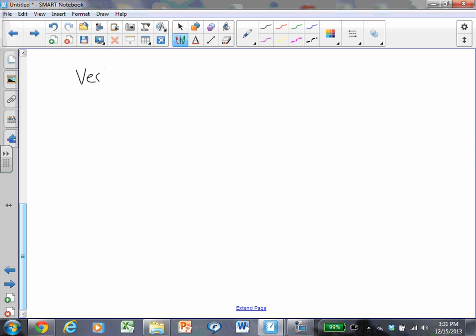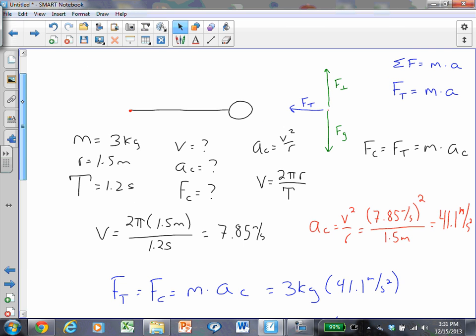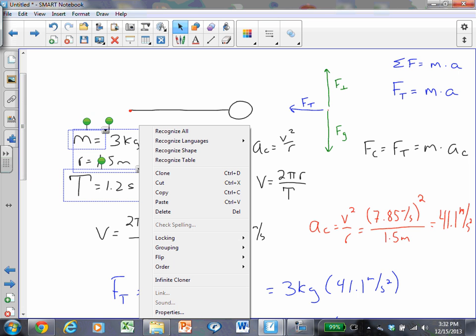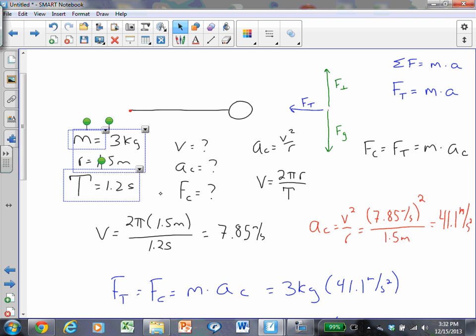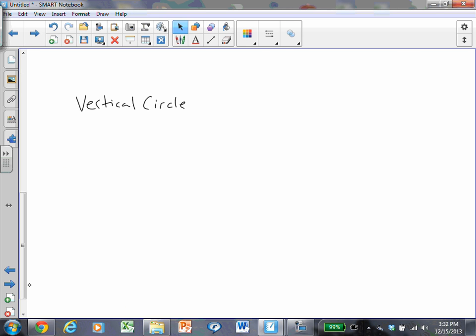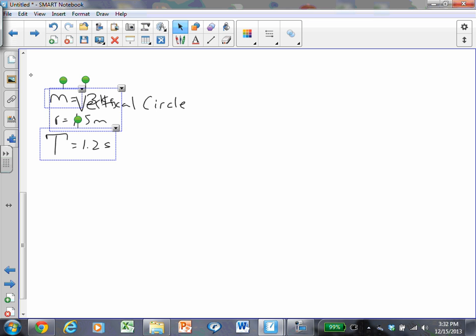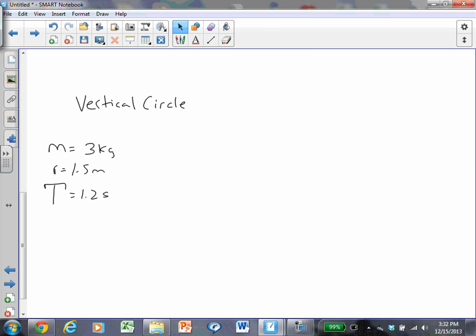So we'll do a vertical circle, and this time we'll use the same values for our mass, radius, and period.